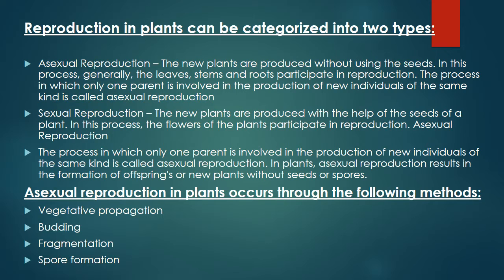The leaves, stems, roots, buds participate in reproduction. The process in which only one parent is involved in the production of new individuals of the same kind is called asexual reproduction. In sexual reproduction, new plants are produced with the help of the seeds of the plant. Asexual reproduction in plants occurs through the following methods: vegetative propagation, budding, spore formation and fragmentation.